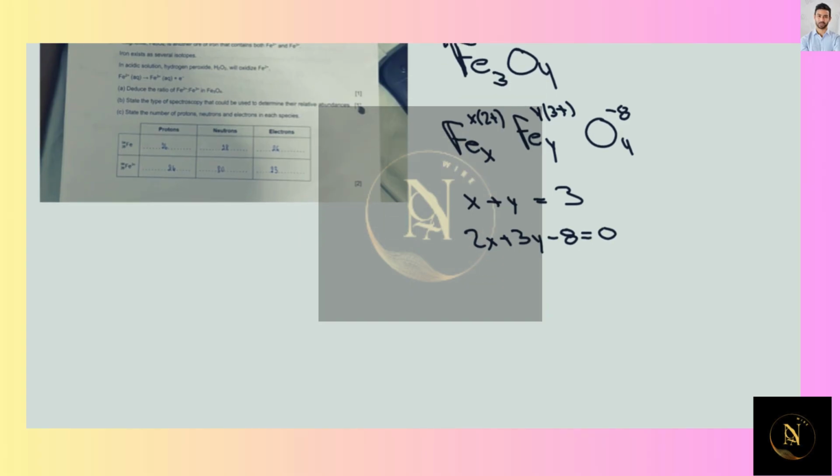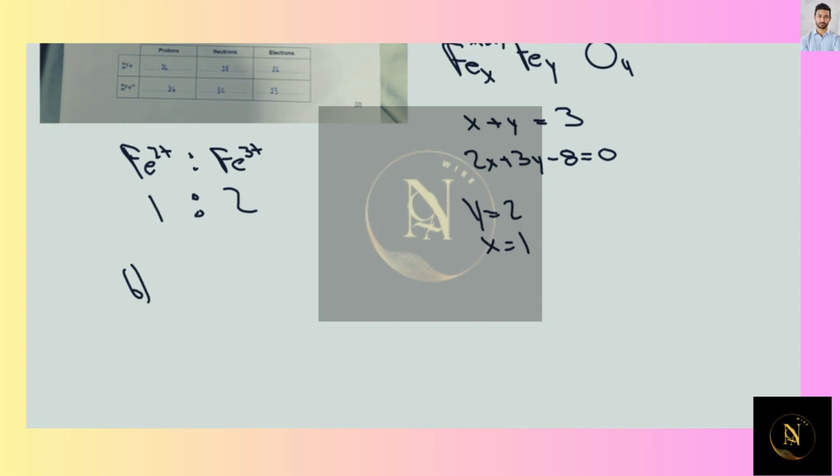So the conditions that satisfy this are going to be that y is equal to 2 and x is equal to 1. This is going to mean that the ratio of iron 2 plus with iron 3 plus is going to be a 1 to 2 ratio.